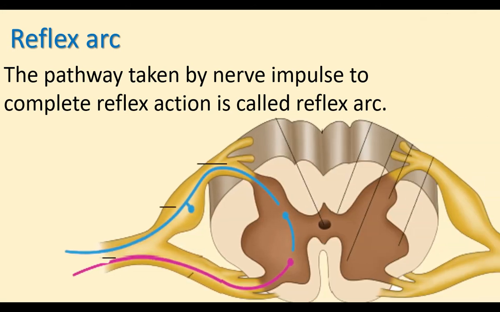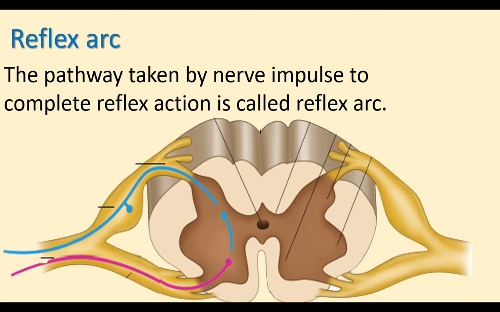This is a cross section of the spinal cord. We discussed the cross section of the spinal cord in the previous video. Skin is a receptor organ or sense organ. When we touch a hot object, the heat receptors send information to the spinal cord through the sensory neuron. The sensory neuron carries information from sense organs to the spinal cord.